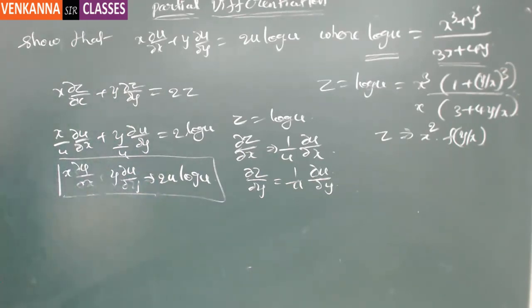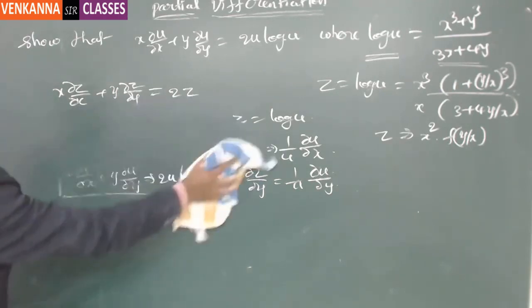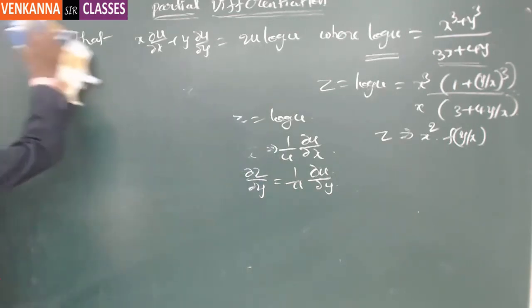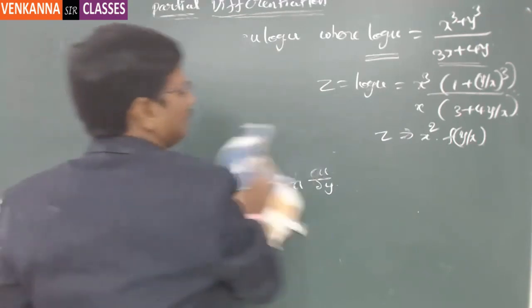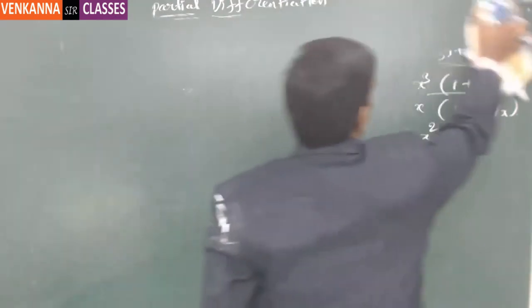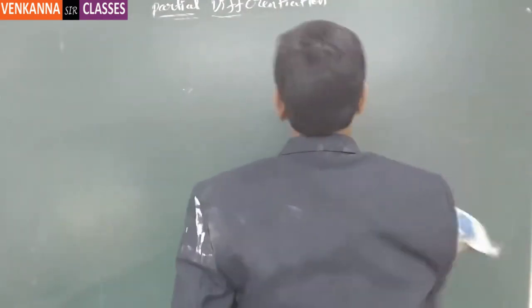Note down one more. The homogeneous principle can be applied even for more variables. If there are 3 or 4 variables also, you can apply the homogeneous principle, but it is always referred with respect to x.